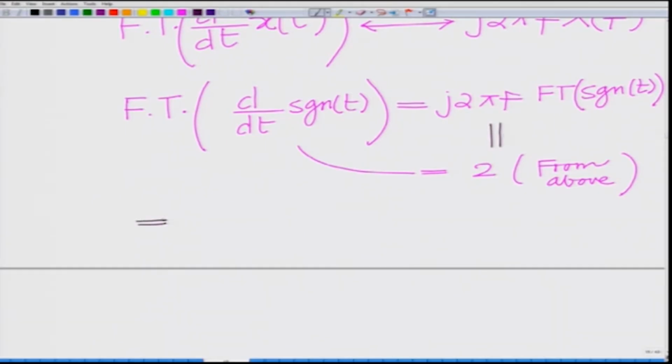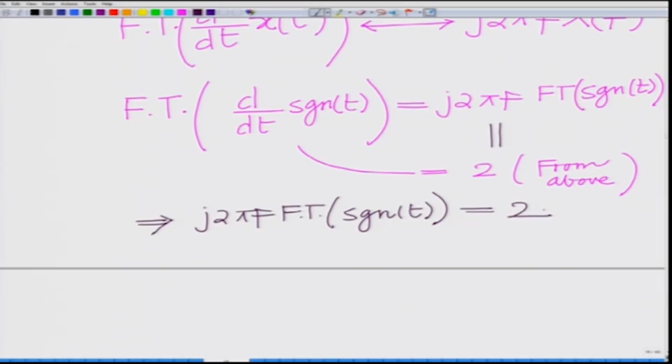So, this implies we must have j 2 pi f times the Fourier transform of sin t equals 2.